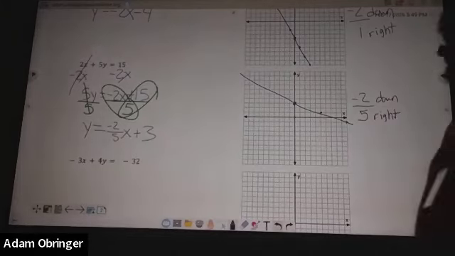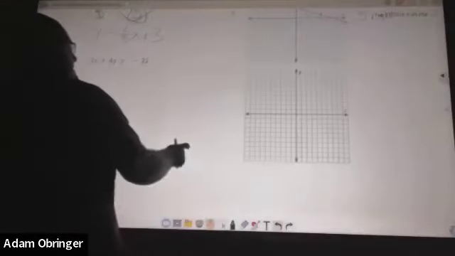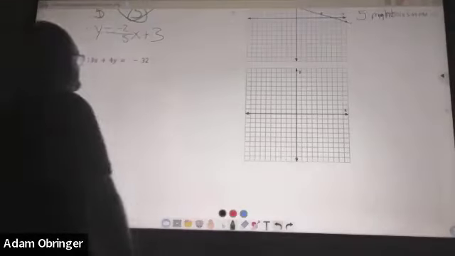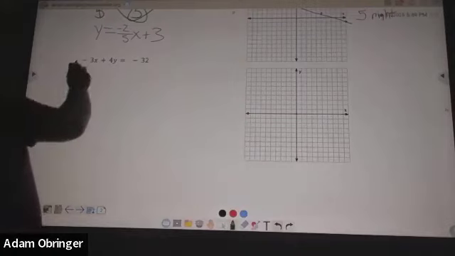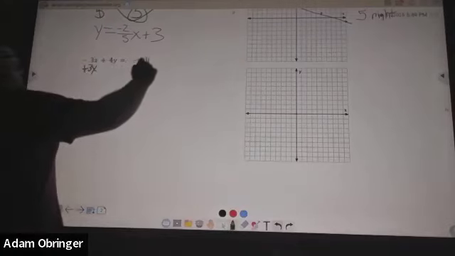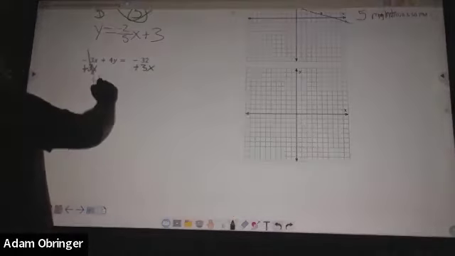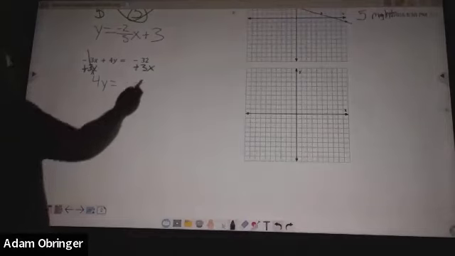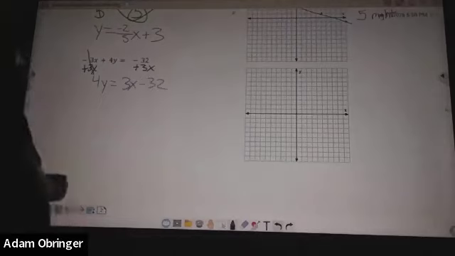The last problem here, which I would challenge you guys to pause and attempt yourself before you see the answer. To cancel the x term first, we are going to add 3x to both sides. So we have 4y equals, can't combine these, so we have 3x minus 32.